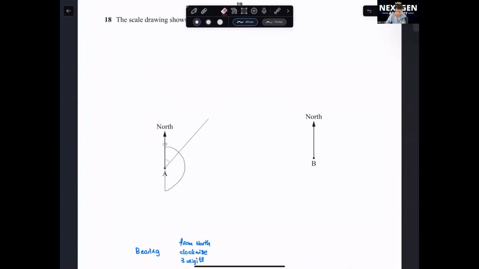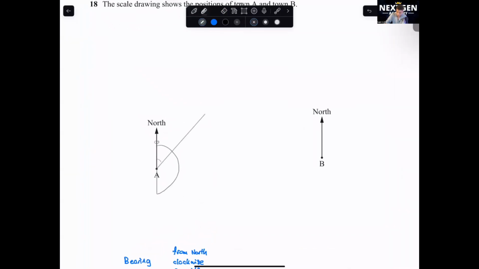You all use the protractor to measure. Then draw the line as long as possible.